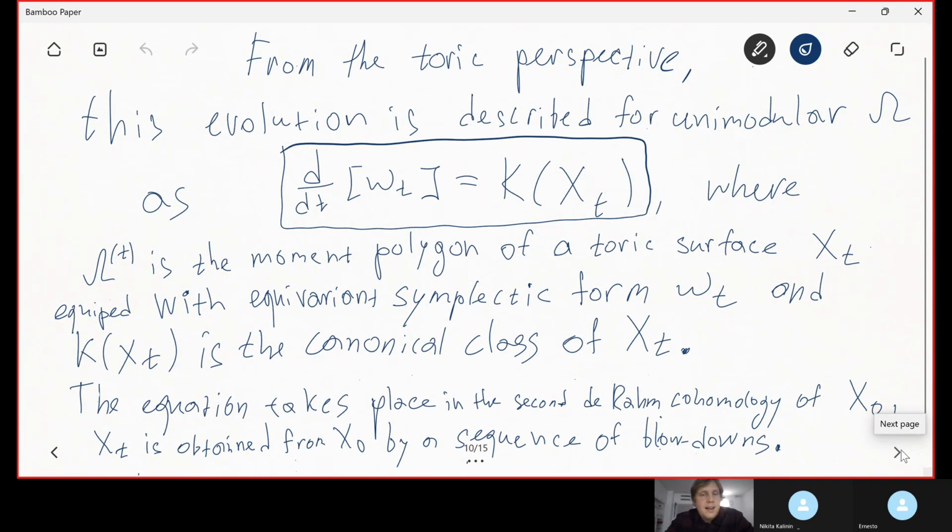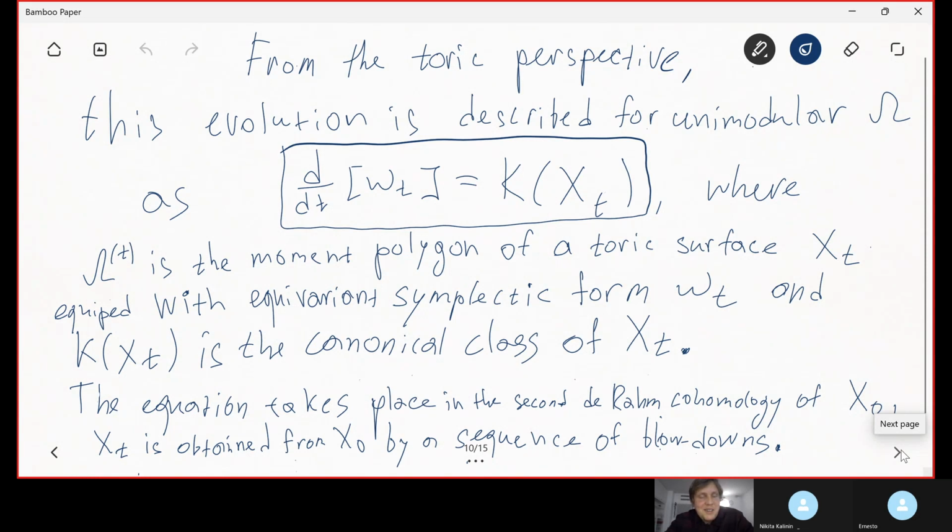If you look at these domains as moment polygons of toric surfaces, symplectic toric surfaces, then actually there is a very simple equation which tells you how this evolution works. The derivative of the symplectic form, or rather the class of the symplectic form, should be the canonical class. So this is the evolution which is defined by the canonical class of the toric surfaces.